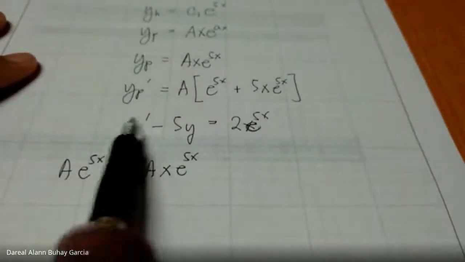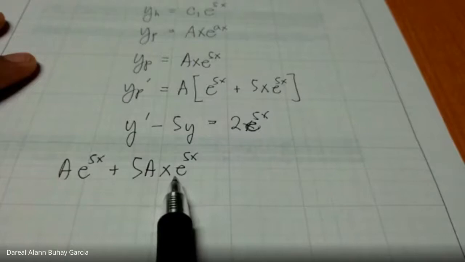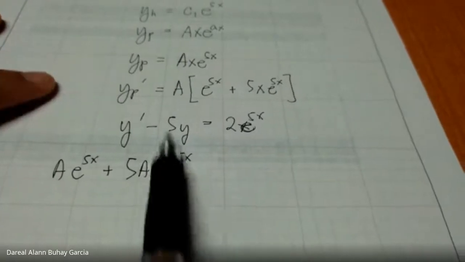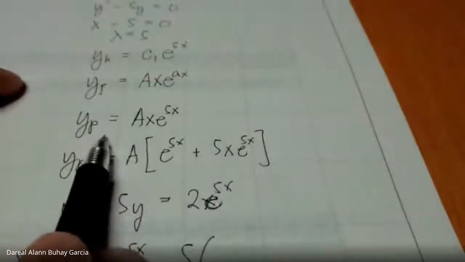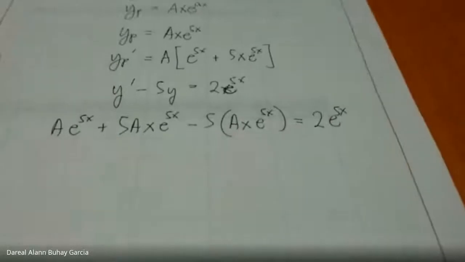Then minus 5 times y, which is minus 5a x e to the power of 5x, equal to 2 e to the power of 5x.